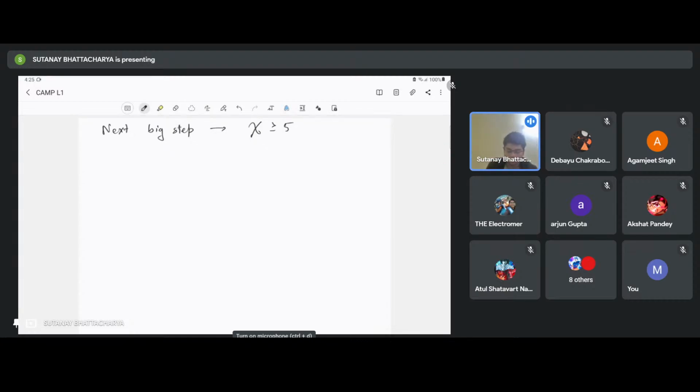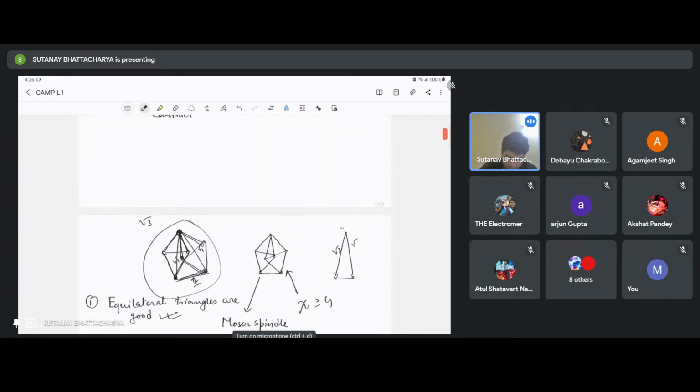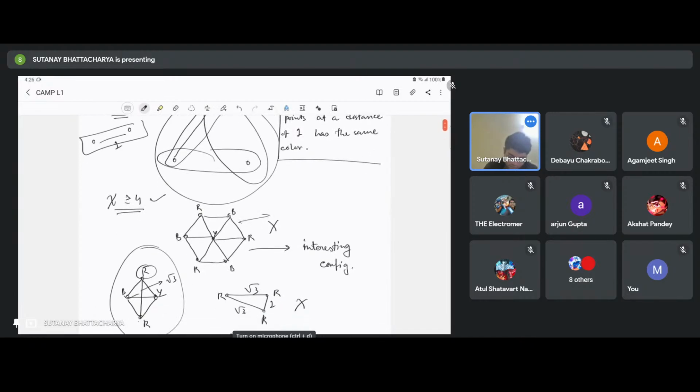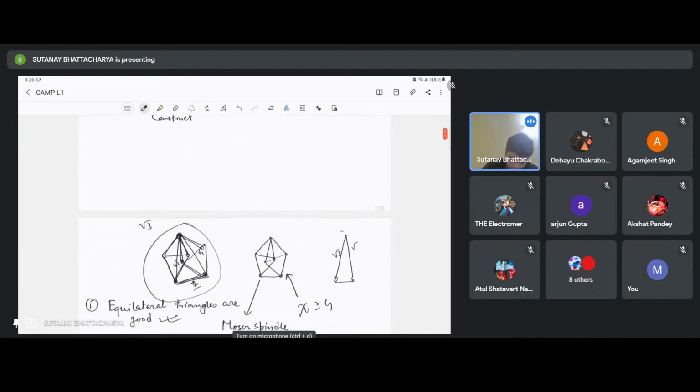So yes, the goal is to construct a huge graph that cannot be colored with exactly 4 colors. We do that in several steps. Remember this configuration? Told you guys this one is going to be important. So epic foreshadowing.